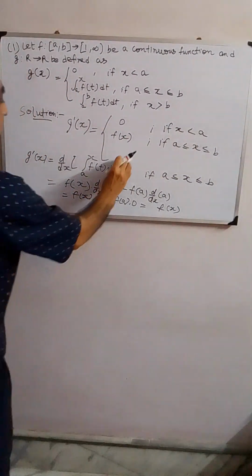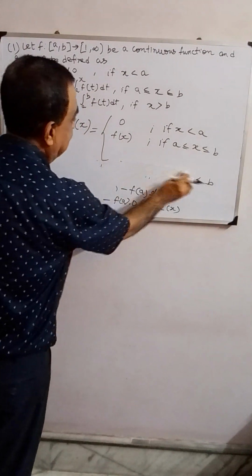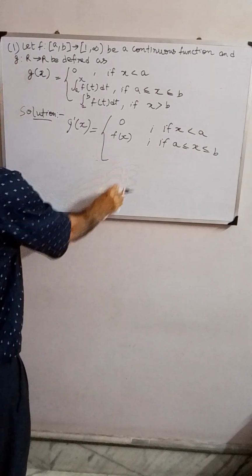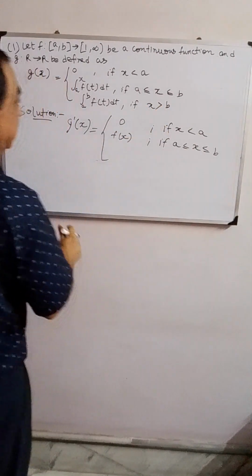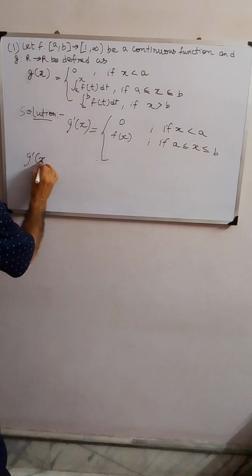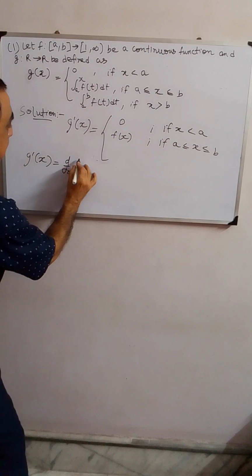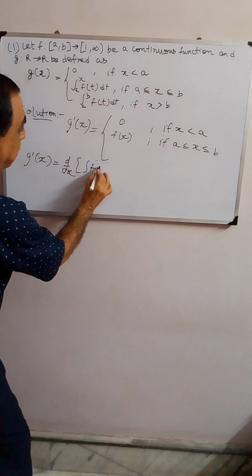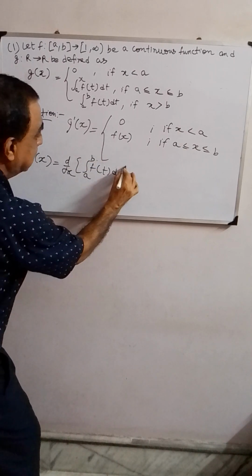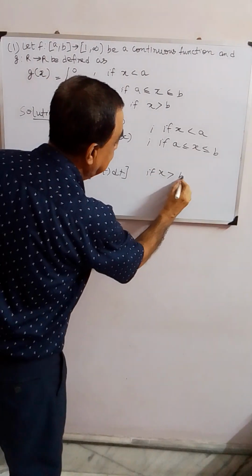Okay, and similarly I will find out the d/dx of g(x) when x is greater than b. So g'(x) will be equal to d/dx of the definite integral of f(t) dt to the limits a to b, when x is greater than b.